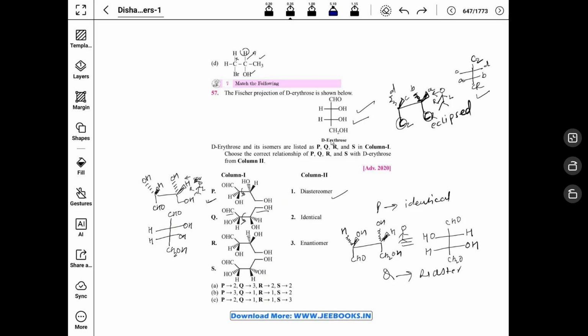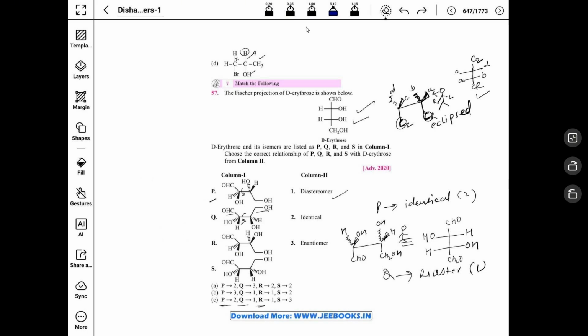So P is identical, which means matching 2. Q is diastereomer, which means 1. So P is 2 and Q is 1. Where is it? It is here. P is 2, Q is 1, and let's see R. What is R?